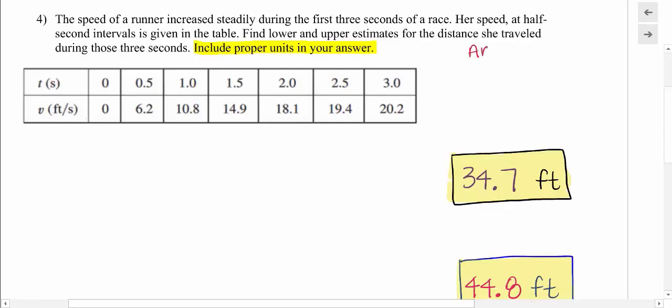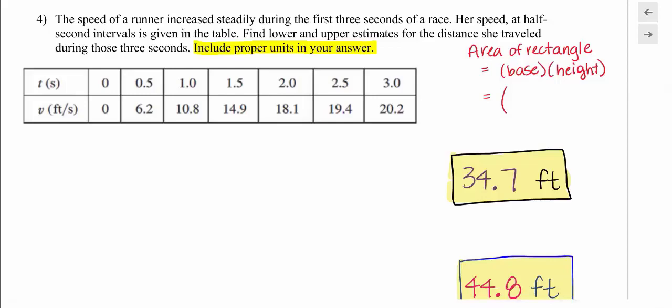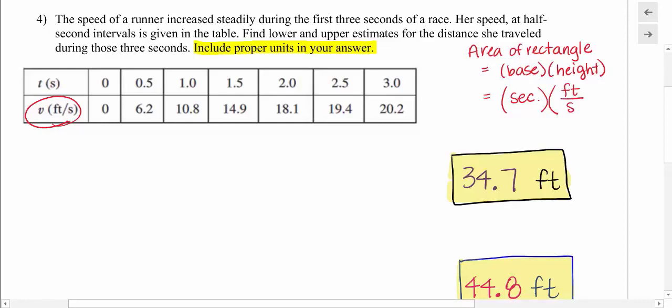So if I just think back to area of a rectangle, it's just good old base times height. Let's do this using our labels and make sure that our labels make sense. My base, or my x-axis, if you will, is going to be in seconds, times my height of my curve or the height of my rectangle at any given point, which is now going to be in feet per second.